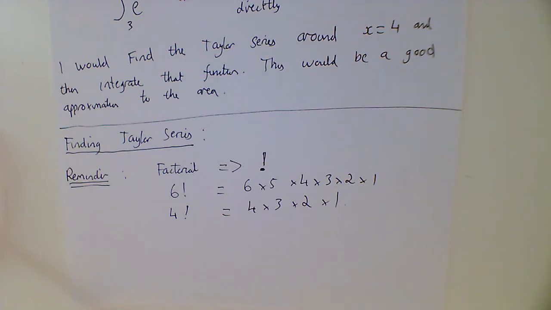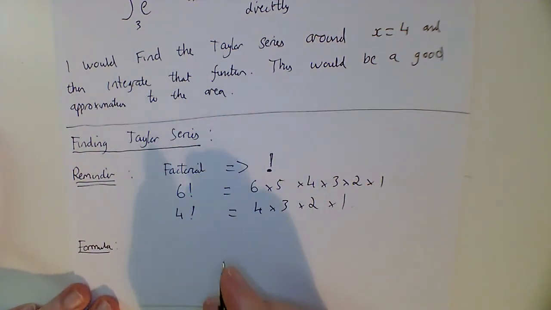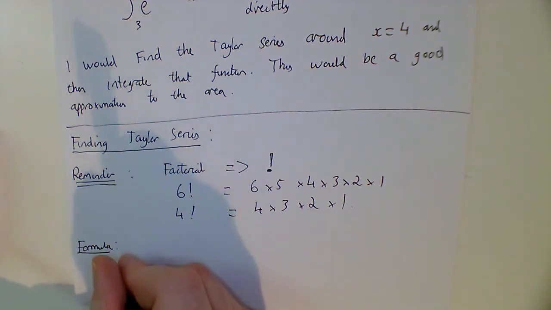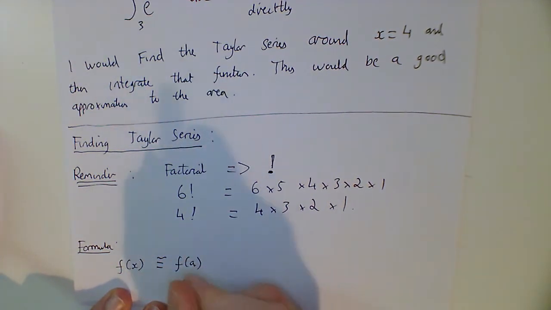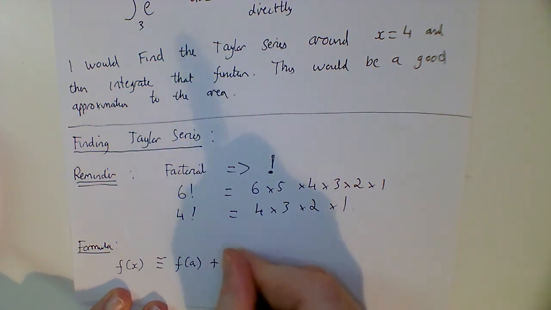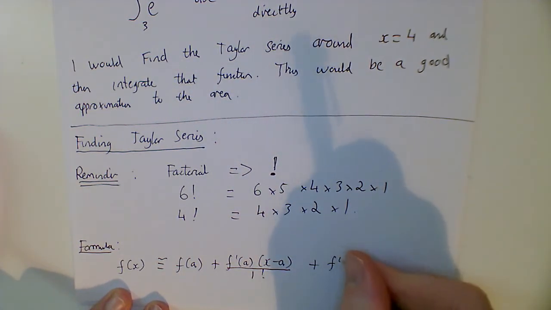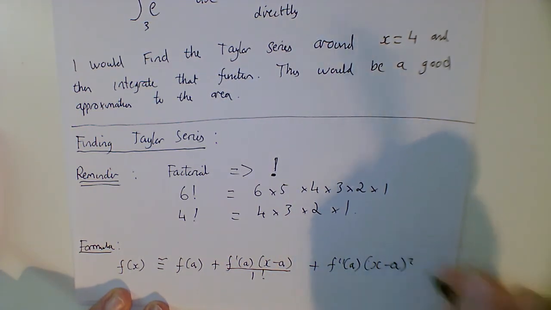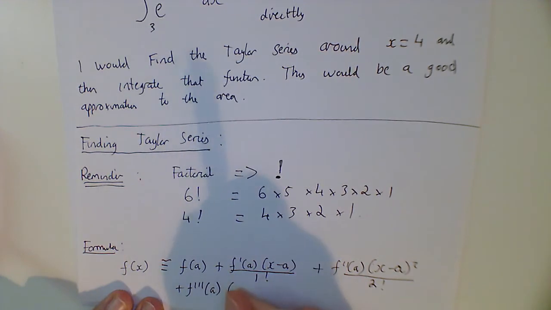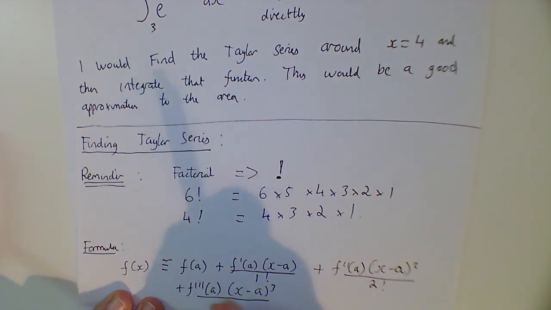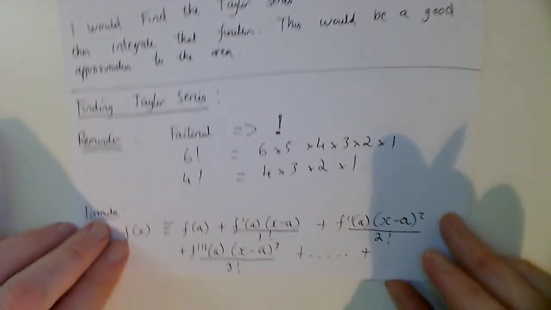So, the formula for the Taylor series. f of x is approximately equal to f of a, exactly equal to if we keep on going to infinity, f dashed of a, x take away a over 1 factorial, plus f double dashed of a, x take away a squared over 2 factorial, plus f triple dashed of a, x take away a cubed over 3 factorial, plus all the way up and as far as you want it to go.